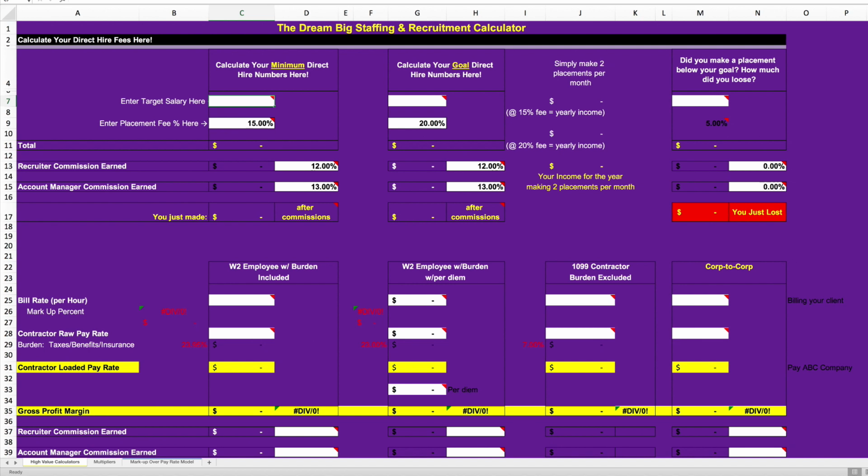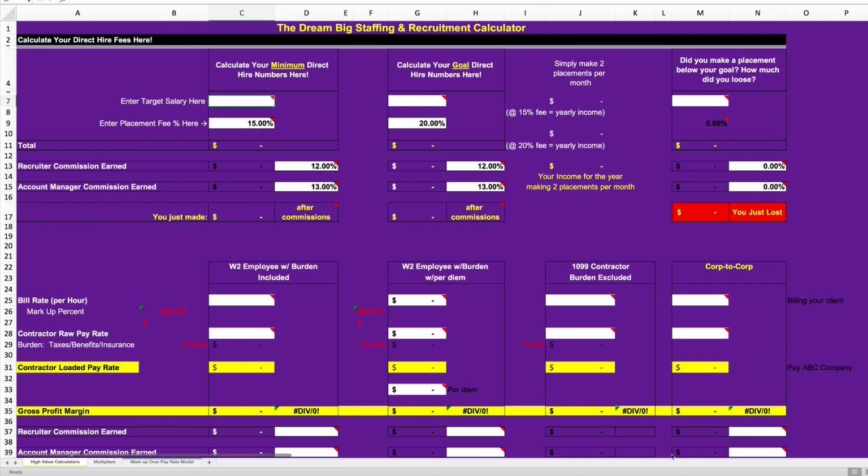It allows you to plan, to goal set, to create milestones, and it gives you something to work towards. That way you can create the performance measurements you need to obtain on a consistent basis, so that you can make the number of placements you need to and hit your numbers.